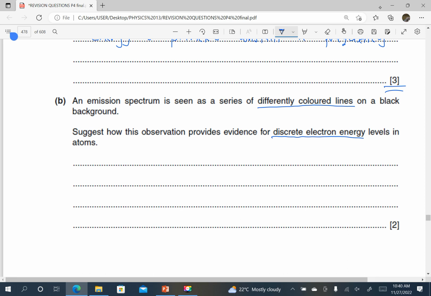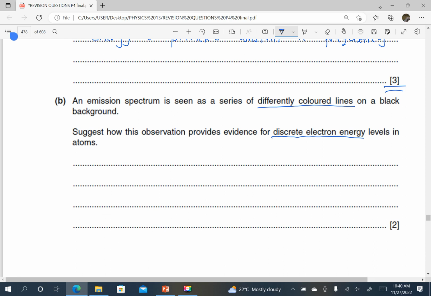Remember, energy is Planck's constant times this frequency. Therefore, if it represents a different frequency, then it represents a different photon energy, which means there are specific energy changes between energy levels. That is, we should expect discrete energy levels.